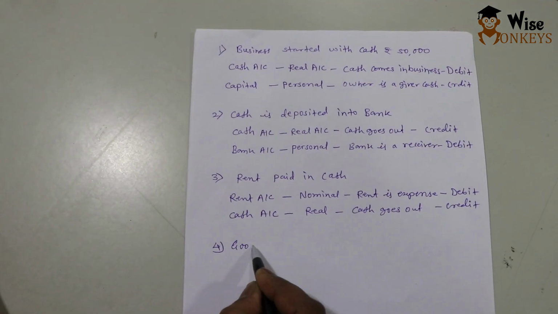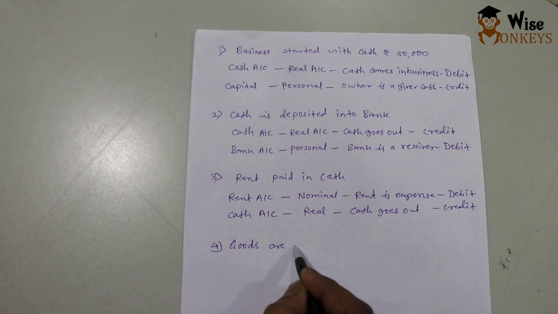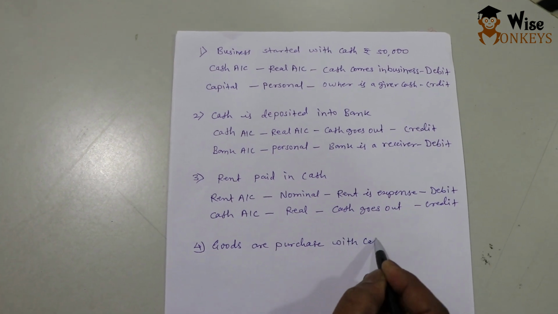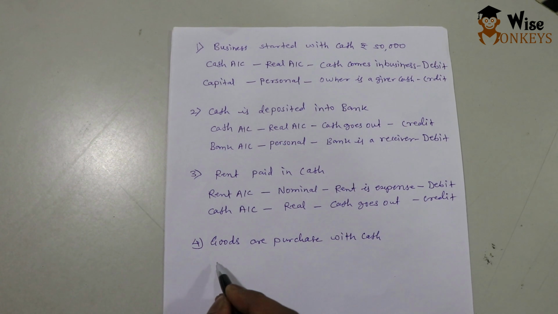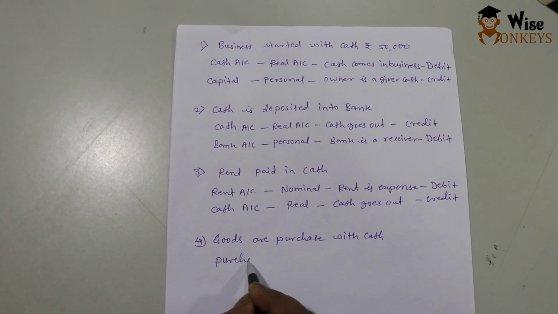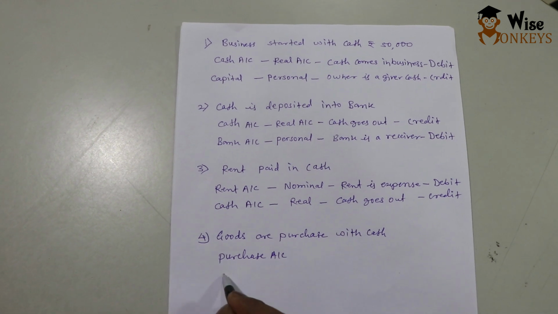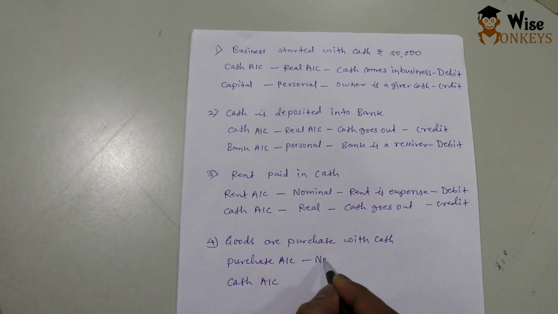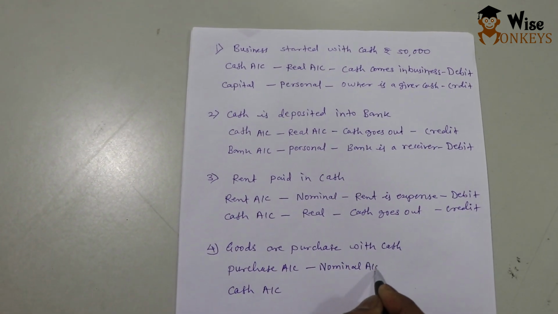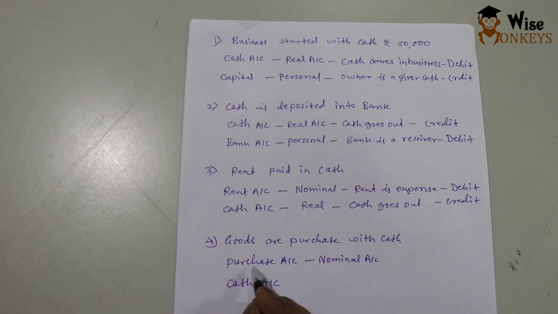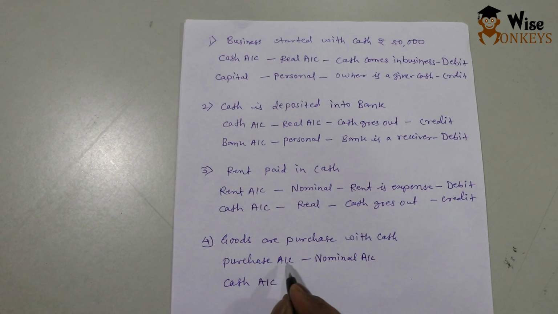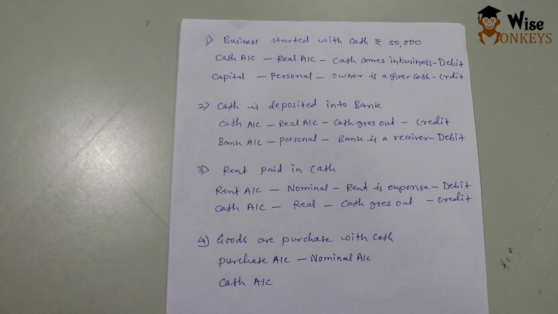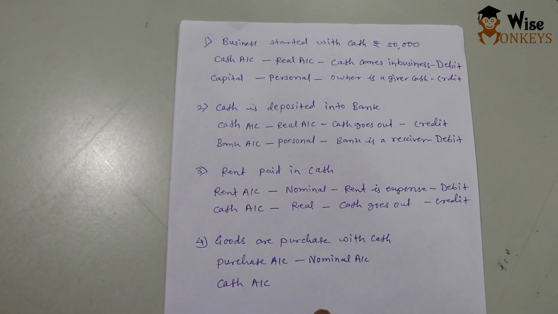Suppose goods are purchased with cash. Here there are two accounts. One is purchase account, another is cash account. Purchase account is a nominal account. Sometimes in case of purchase we may write goods account, but normally in accounting we write it as purchase account, because we have to specify whether goods are purchased, sold, or are in closing stock or opening stock.